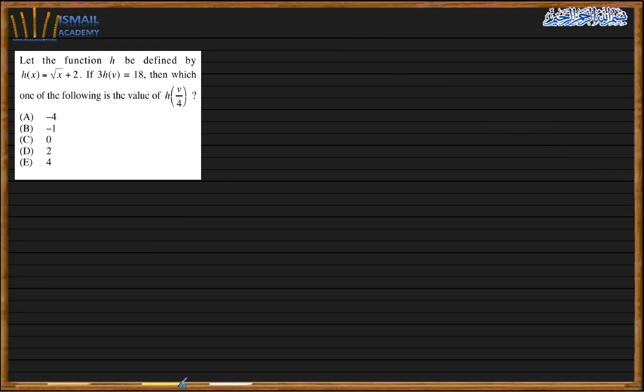Next, let the function h be defined by h of x equals the square root of x plus 2. If 3 h of v equals 18, which one of the following is the value of h of v over 4?